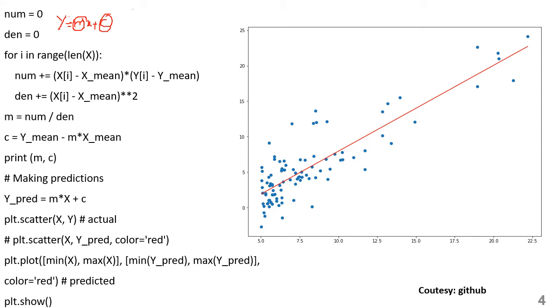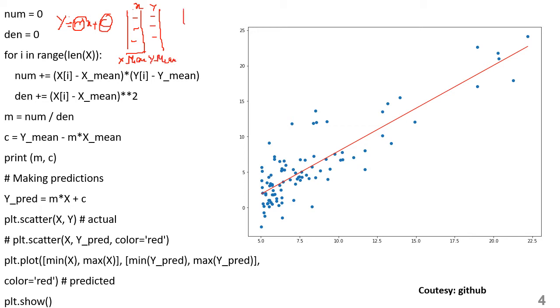And for that, we have calculated the mean value. So we have different values of x and we have different values of y. Corresponding to these x and y, we have added all these values and we have calculated x mean. Similarly, here we have calculated y mean.